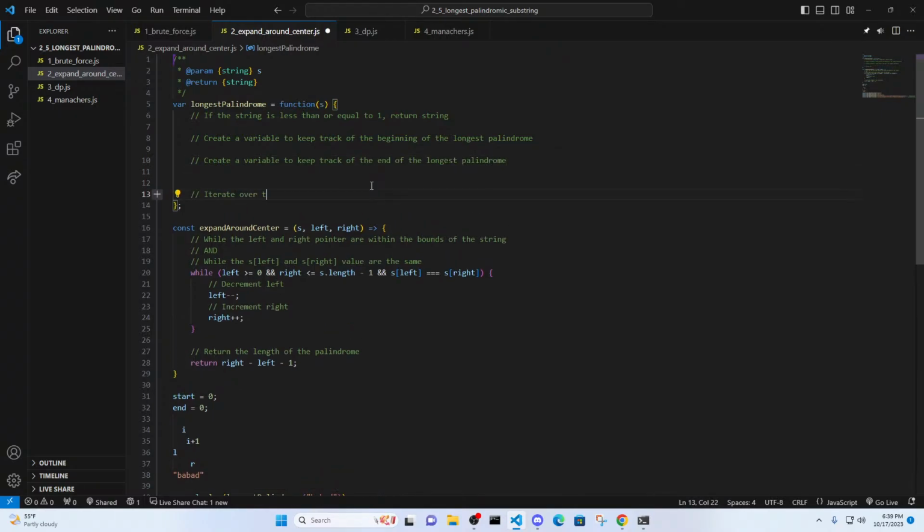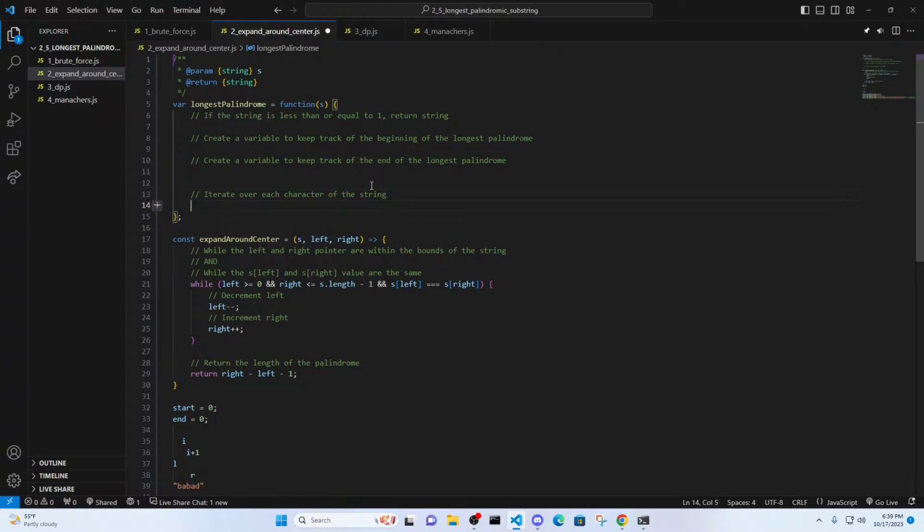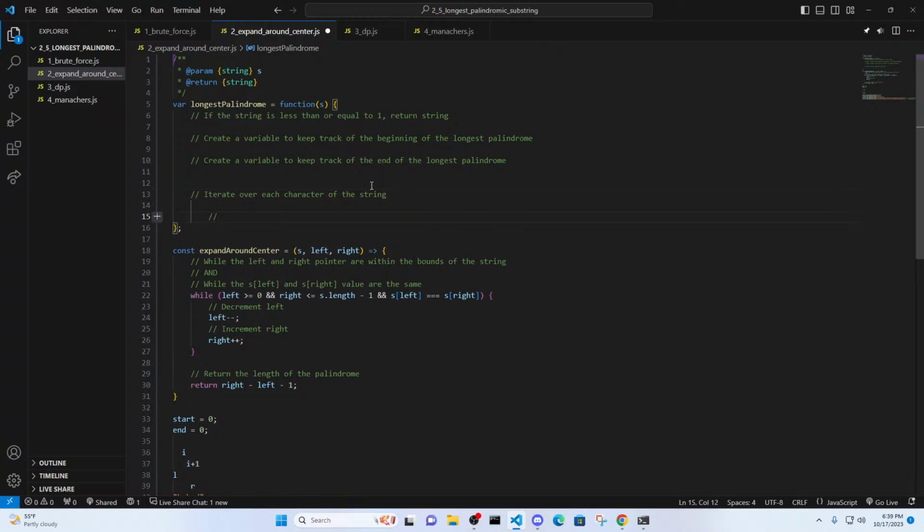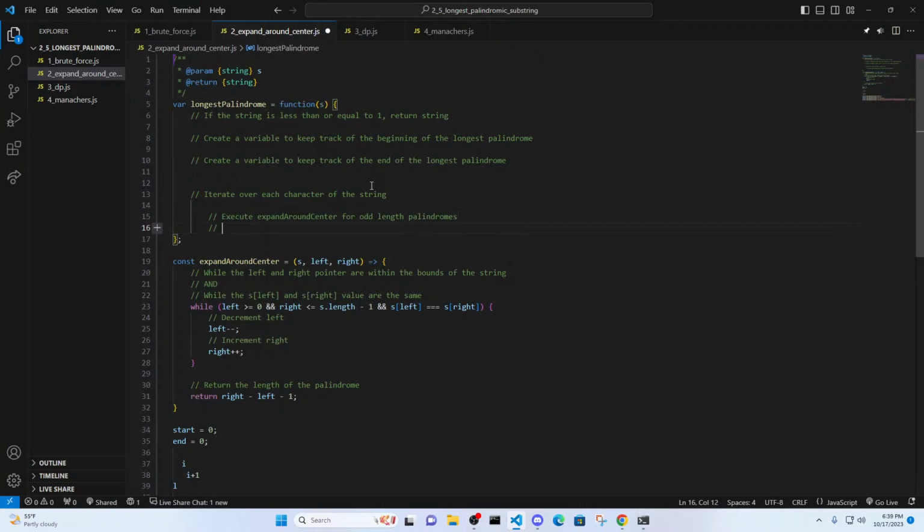We'll iterate over each character of the string. We'll execute expand around center for odd length palindromes. In this case, like you said, center is at I.